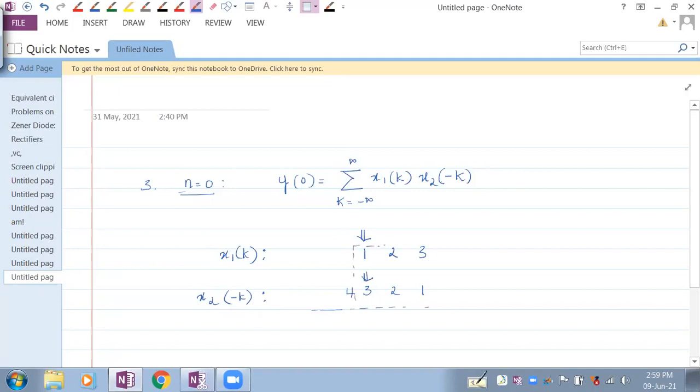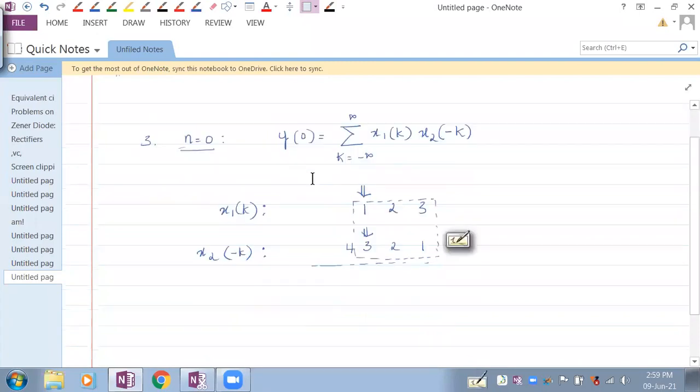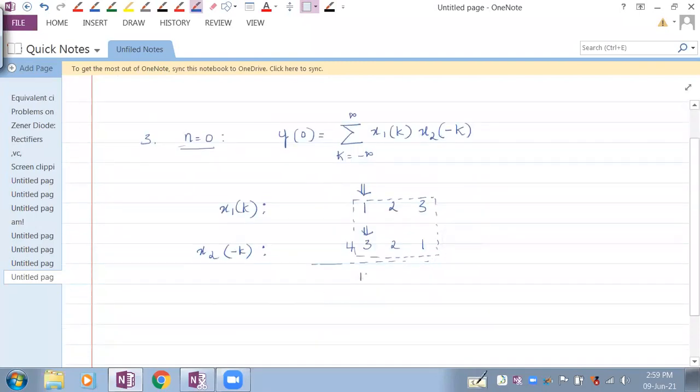There are 3 samples overlapping. So we can calculate y of 0 as 1 into 3 plus 2 into 2 plus 3 into 1. That is 3 plus 4 plus 3, which is 10. This is your y of 0.